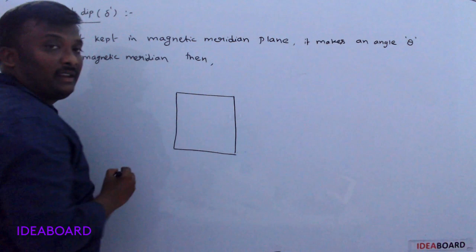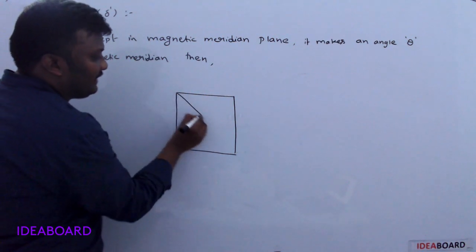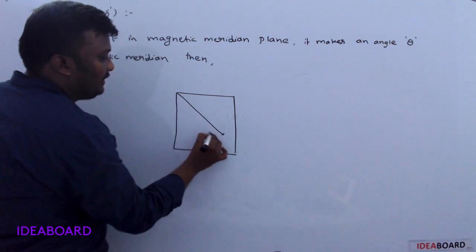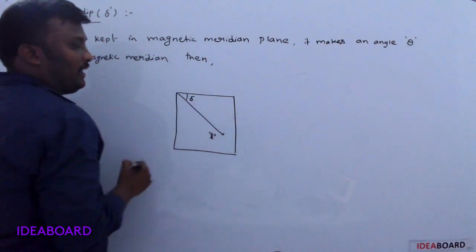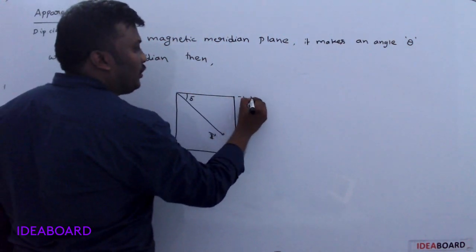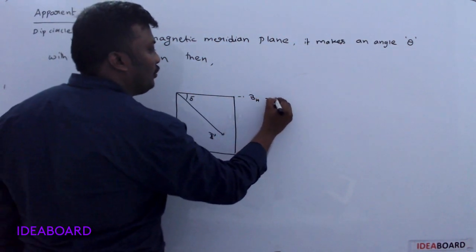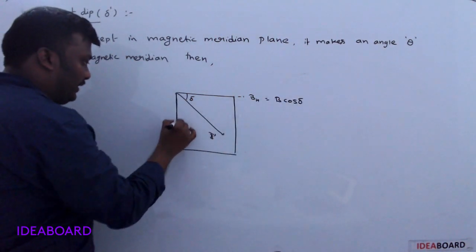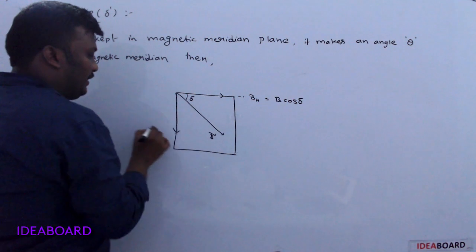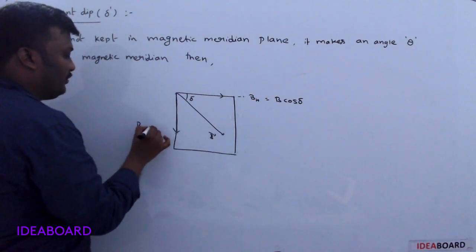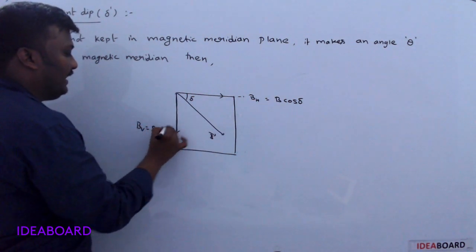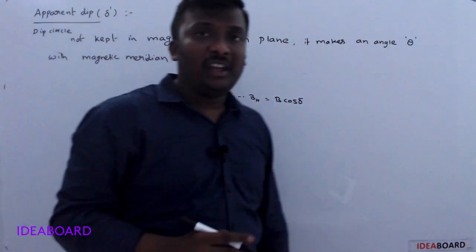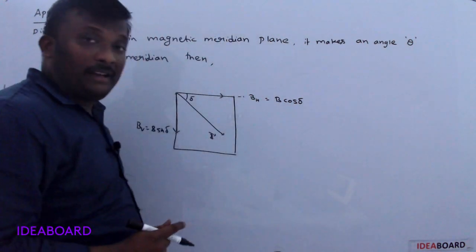In this magnetic meridian plane, this is the direction of B bar, and its angle is delta. This is the horizontal component called BH equal to B cos delta, and this is the vertical component called BV equal to B sin delta. Okay, now this is in the magnetic meridian plane.